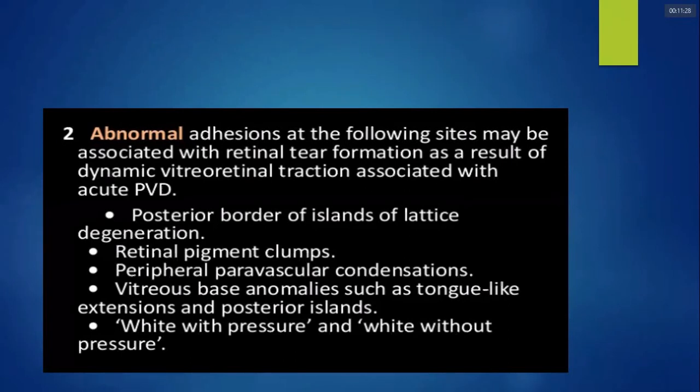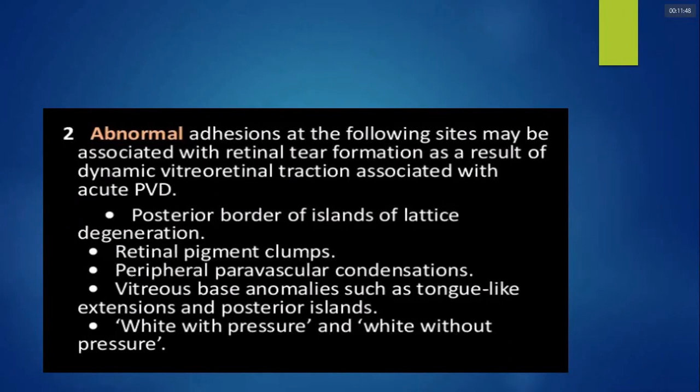So what are the abnormal adhesion sites? The posterior border of the island of lattice degeneration, which is more common in the myopic eye. So that is why the rate is 4 times higher, and retinal detachment is more common in the myopic.